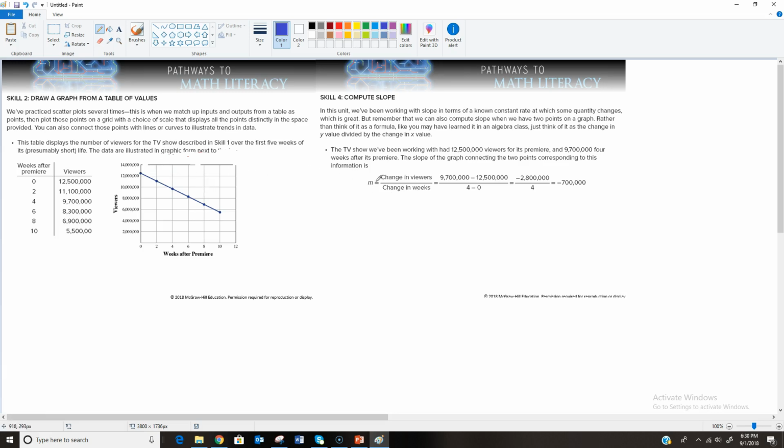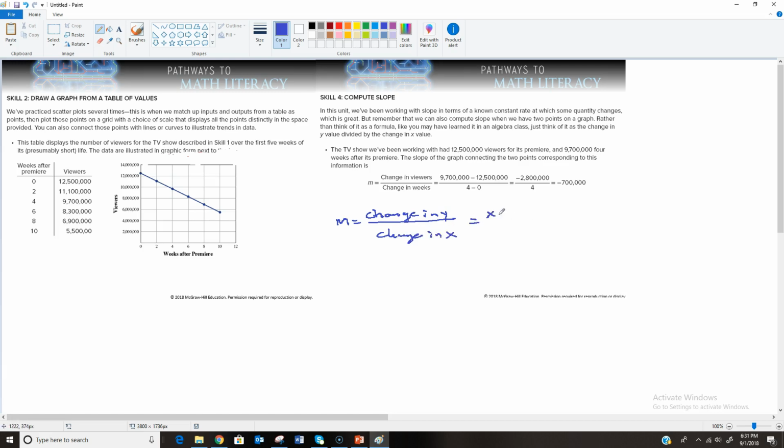And if you remember, I'm sure at some point you've had some algebra, and in algebra a lot of times they will say that the slope, which is oftentimes represented by an m, I'm not sure why we use m for slope, but it's pretty standard. Sometimes it's written as the change in y over the change in x.